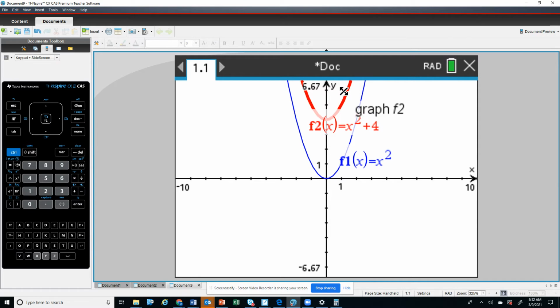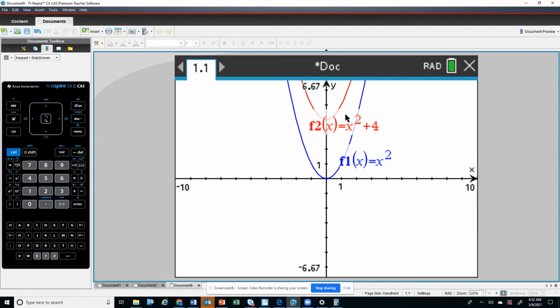So remember, the graph doesn't have any x-intercepts or zeros or solutions or roots. Roots, solutions, zeros, x-intercepts are the same thing, because the graph does not cross the x-axis, so there's none.